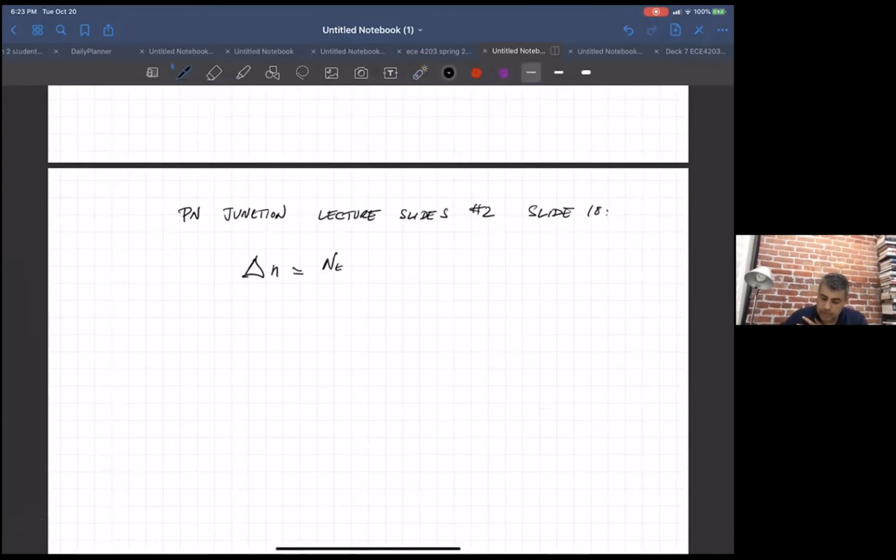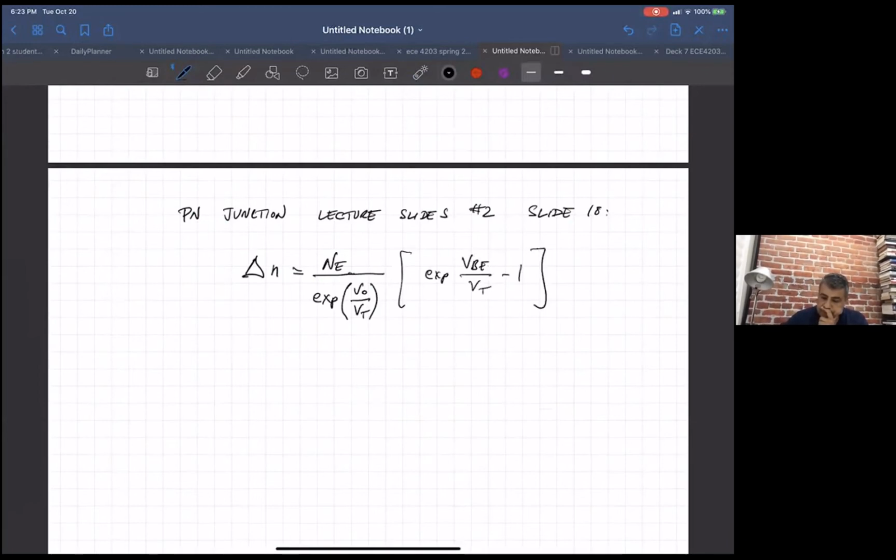So it was the concentration of the dopants in the emitter, which I'm calling Ne, over the exponential of V0 over Vt. V0, if you remember, was the built-in junction potential; I think we ended up calling that Vd on. Times the exponential of VBE over Vt minus 1.